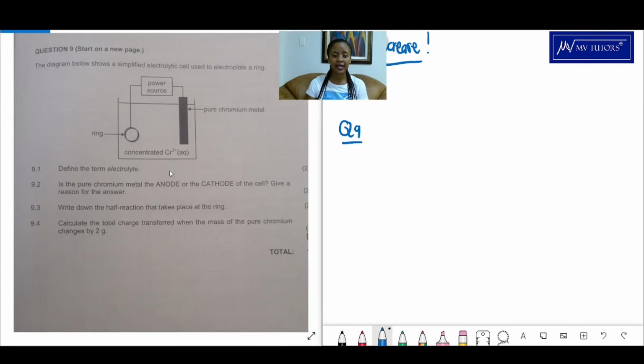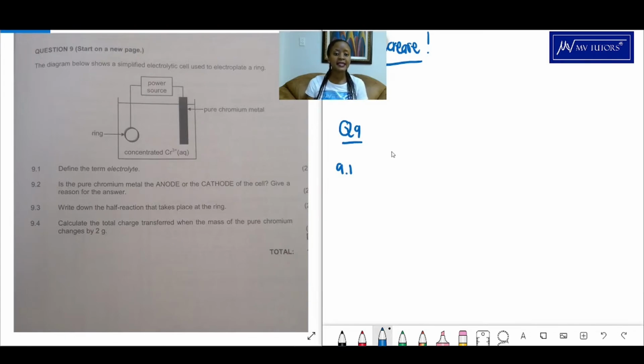Whereas this ring here, we don't know what it consists of originally. Is it just a cheap metal? Probably. So you're going to electroplate it with this chromium, so it's going to gain mass. And here we have concentrated Cr3+, chromium 3+.